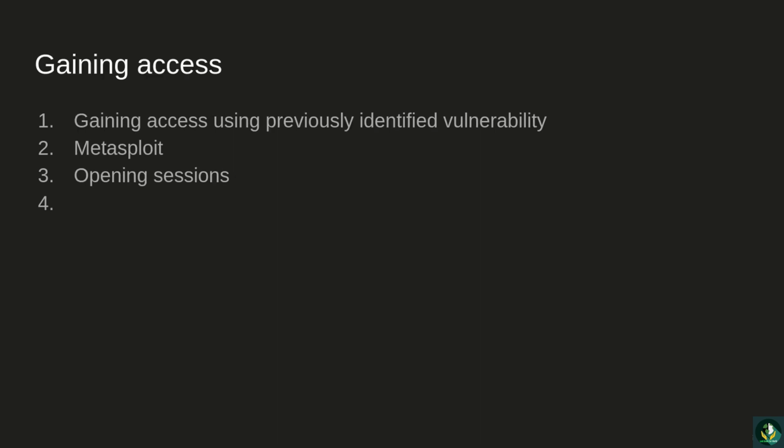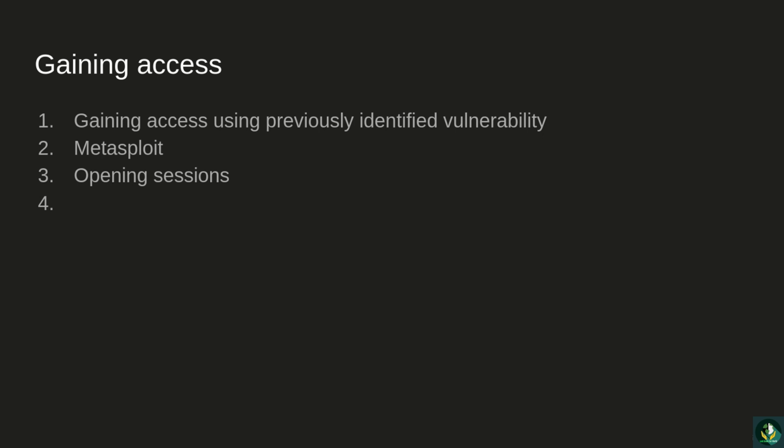The next one is gaining access. In gaining access, we are going to use the vulnerability that we just found to gain access to the system. There are tools that we can use, like Metasploit. In the past we used it, and by using Metasploit we open a session, and with this open session we can upload and download files, we can make changes to the system, we can have access to their cameras.